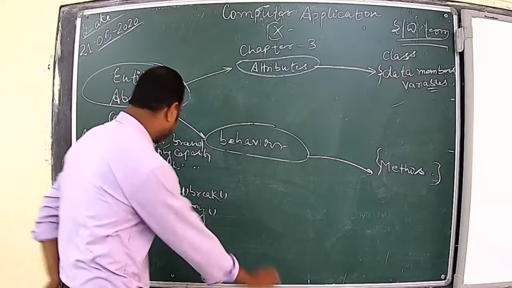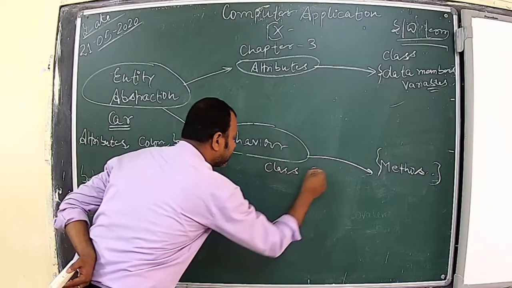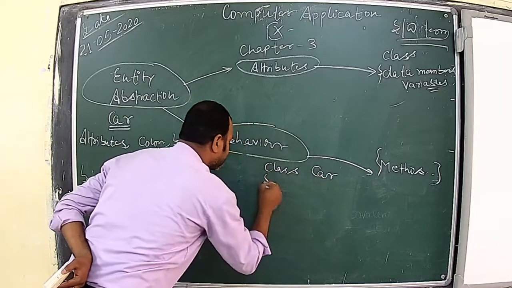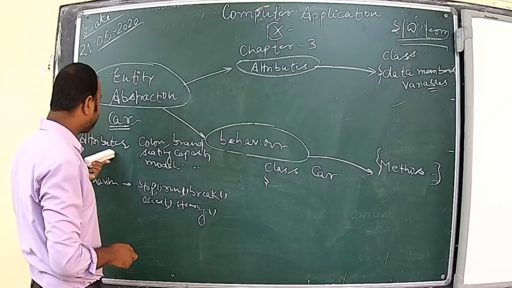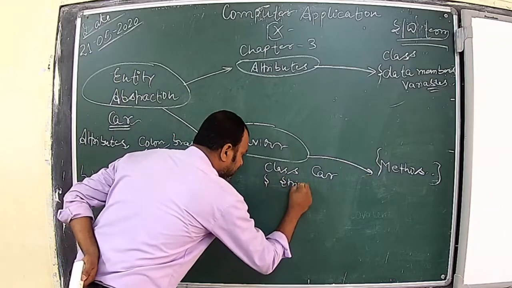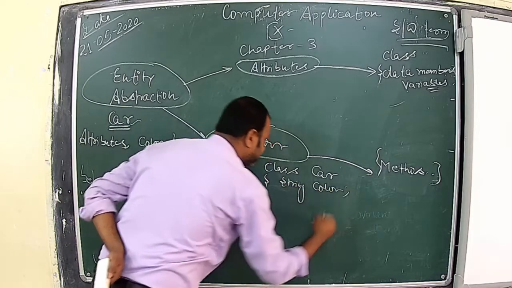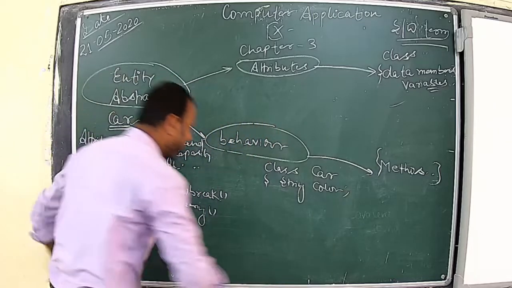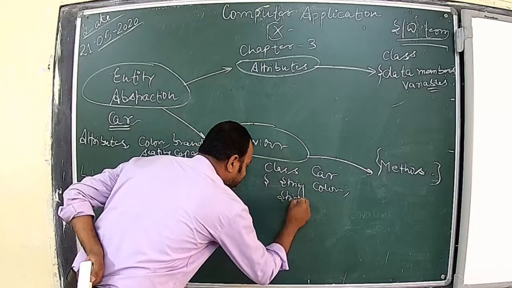So if I write it in software terms, I will write the class name is Car here. Then if I talk about attributes, color. So color would be string, so string color. Then brand. So brand may be a string because it may be a non-numeric one.